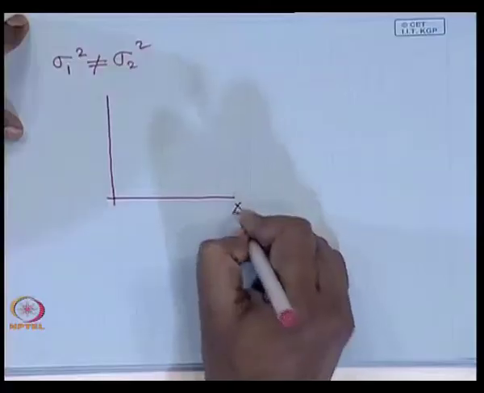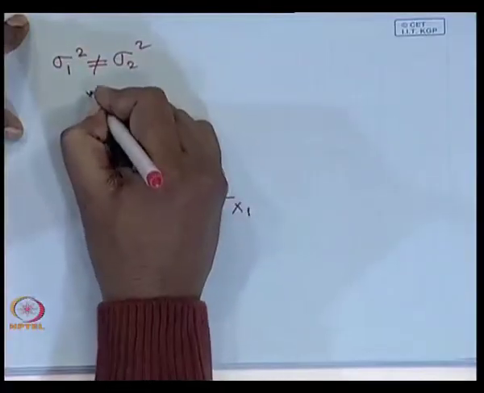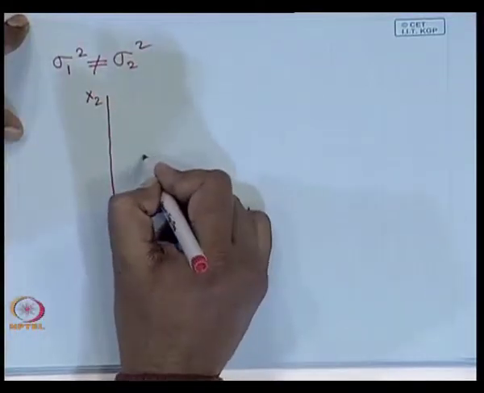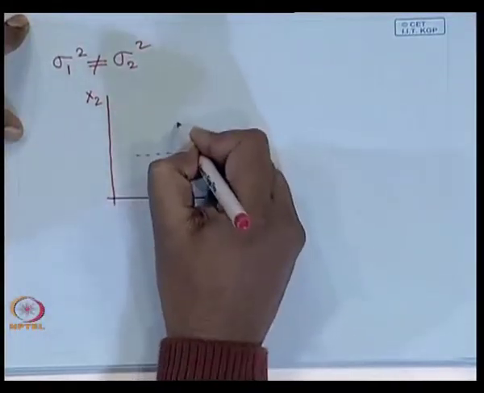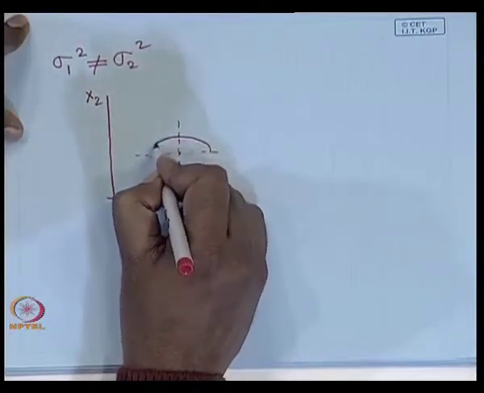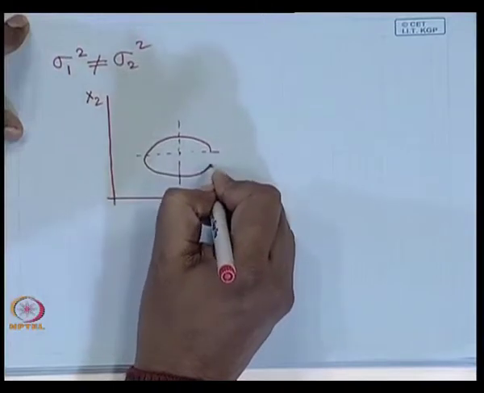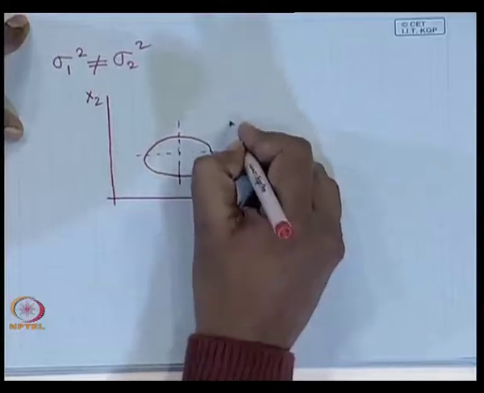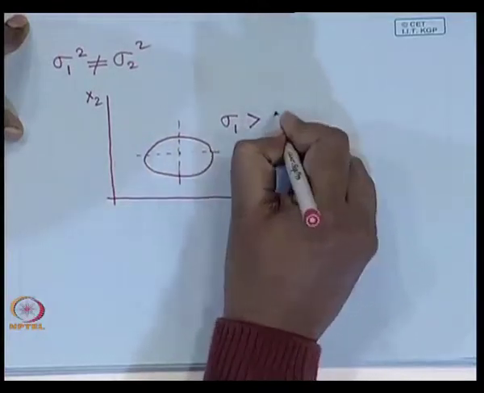Now, the loci of points of constant density will be ellipses. And how will those ellipses be formed? Something like this. This is a case when sigma 1 is greater than sigma 2.